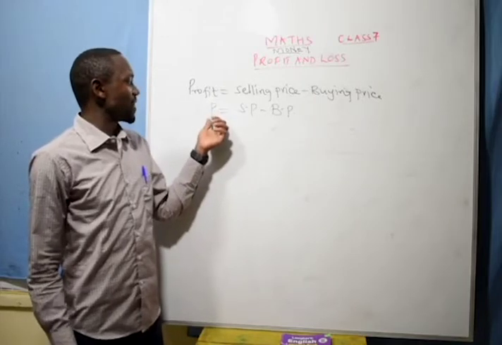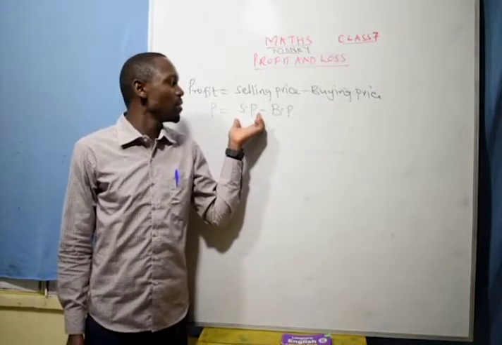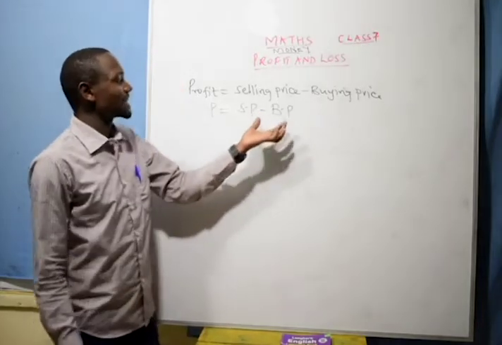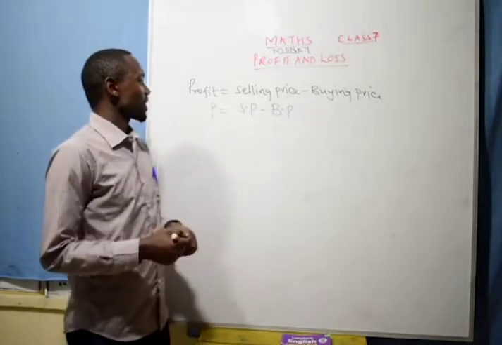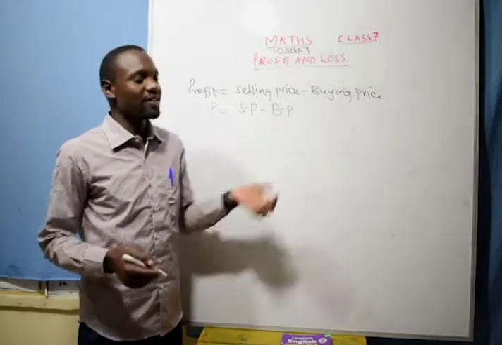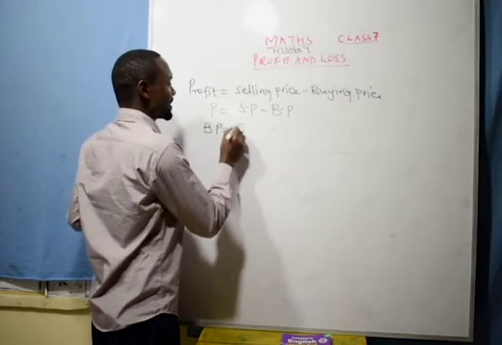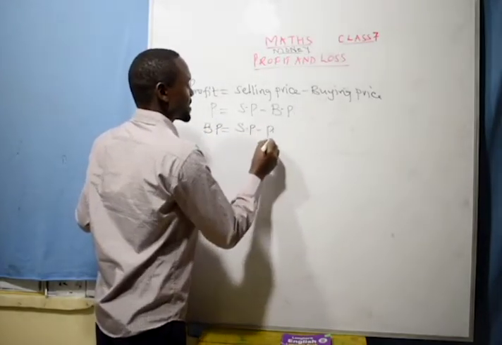So that's why we say profit. To get profit, you get the amount of money you sell the item minus the amount of money you had bought it for. Sometimes you can be given the profit and the selling price. How do you get the buying price? You say the buying price is given by the selling price minus the profit.